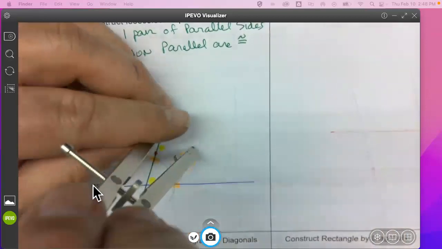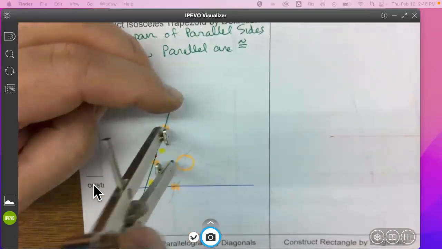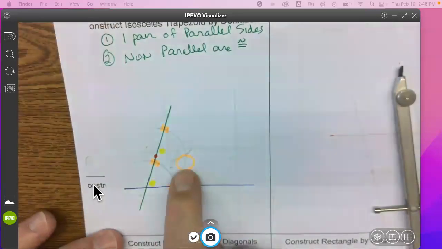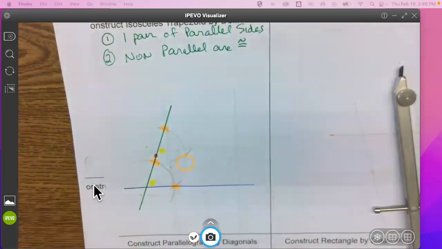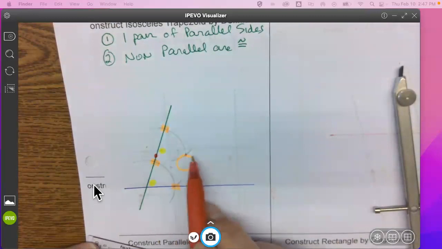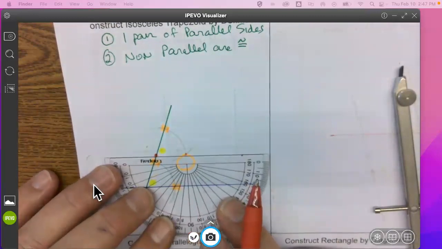Then I'll pick it up and move it up to here and show where that point is supposed to be. Yep, I overestimated again. I thought it'd be down lower, but it's actually up there. When I connect these two dots, one's the point of intersection, one's my starting dot, they should be parallel to the line I started with.